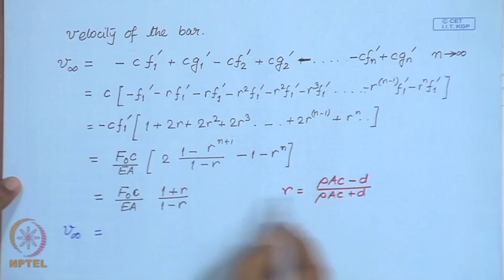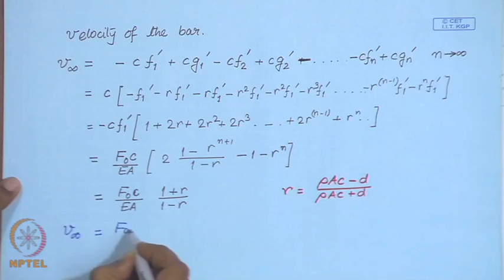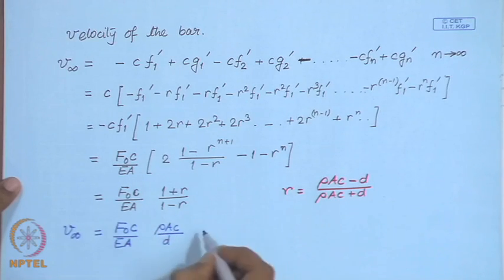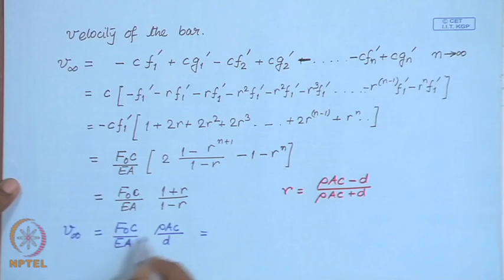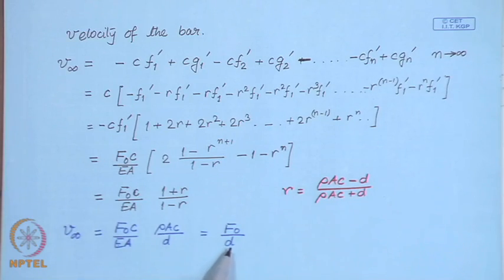If you substitute this expression of r in here, this turns out to be this. Now, E by rho is c square, and this c square cancels off, and a cancels off. So, this becomes f naught over d.